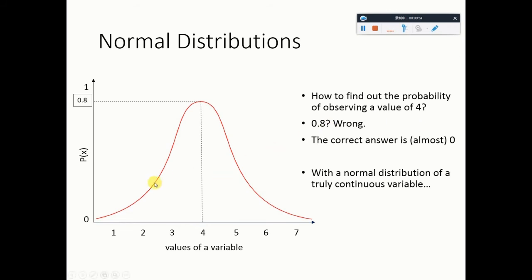That is, with a normal distribution of a truly continuous variable. Here we're assuming that these 7 points form a continuous scale. But when we say a truly continuous variable, what are some examples that come to mind? We can have time. That's a truly continuous variable.